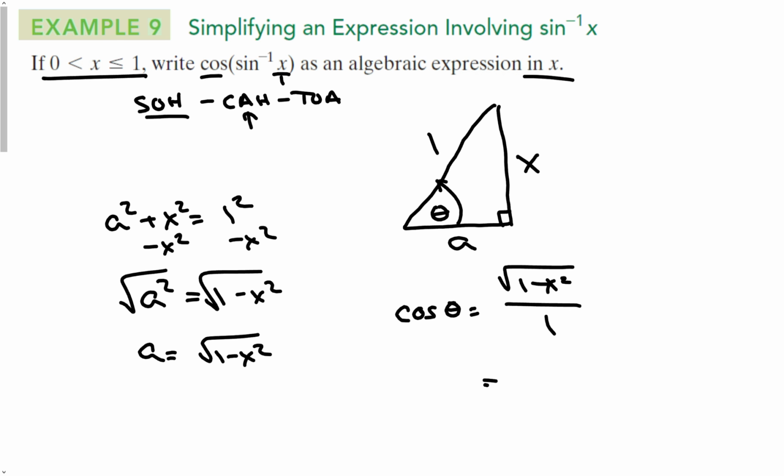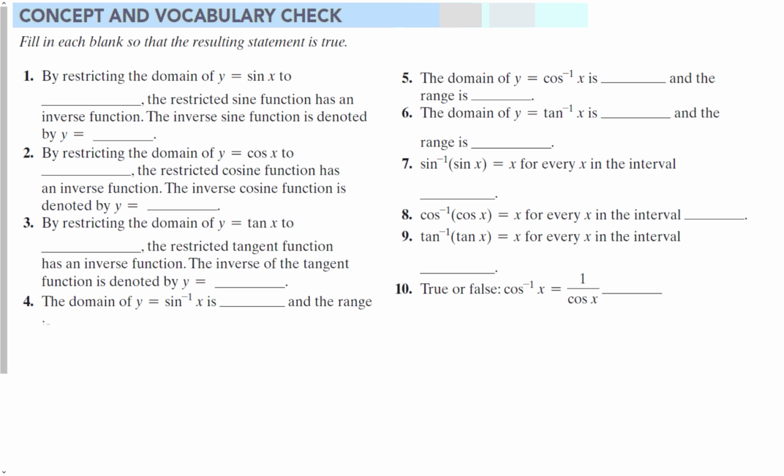So we just get the square root of 1 minus x squared. I don't need to take it any further than that. If you happen to get a weirder function with a radical in the denominator, you can mess around with that a little bit. Okay. And that was section 4.7, inverse trigonometric functions.